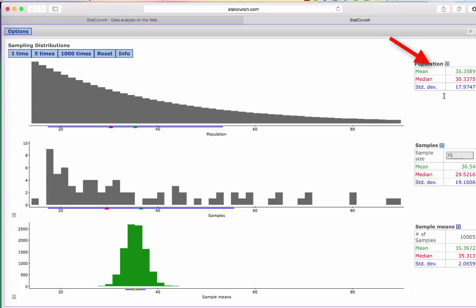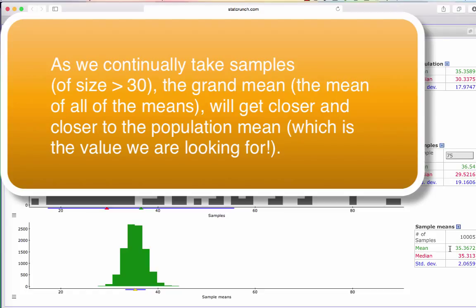And when we were repeatedly taking samples and looking at the mean and then plotting that mean, we can see down below the distribution of all the sample means is very, very close to that population mean, about 35.35 or 35.36. What the central limit theorem tells us is that as we continually take samples, this grand mean, the mean of all the sample means, will be approaching the population mean.